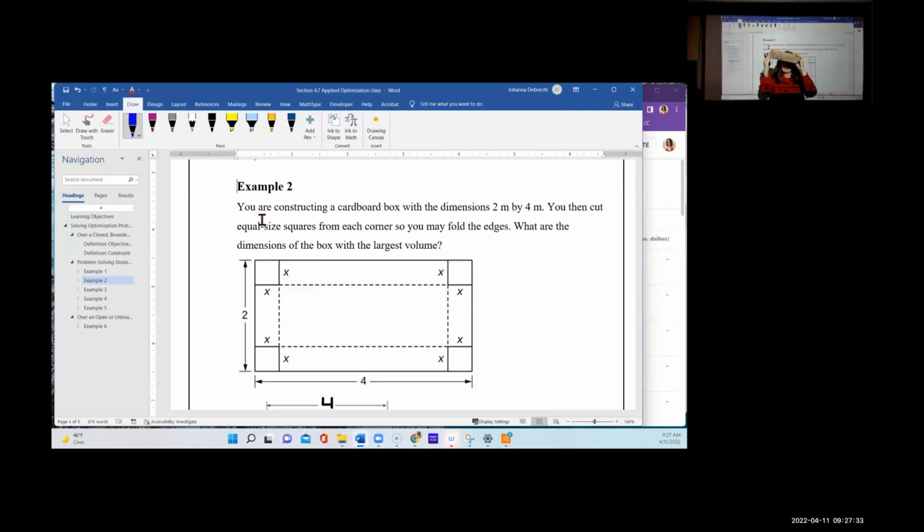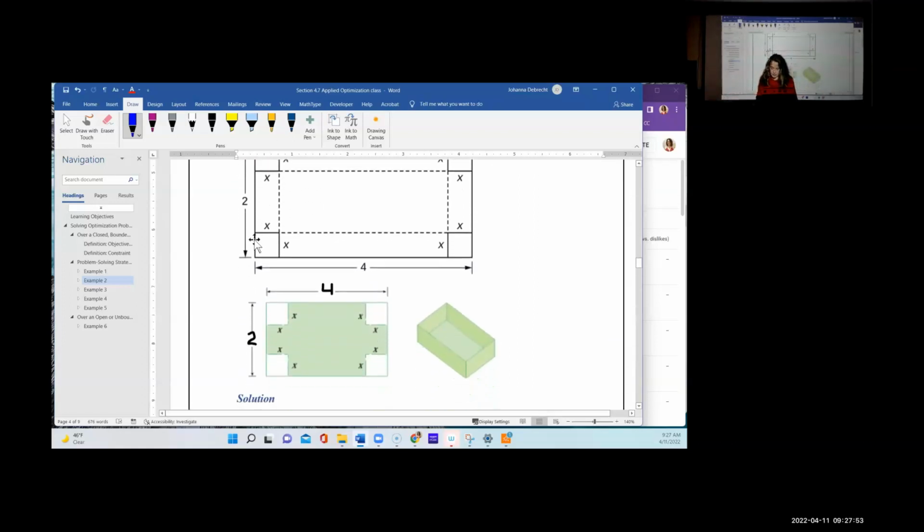Now, the height of the box is one of these flaps that has been folded up. So the size of that flap coming up is going to be the height of the box. And the size of the flaps are x. So the height of the box will be x. All right, so here's what it looks like when you cut them out, and here's what it looks like when you fold them up.